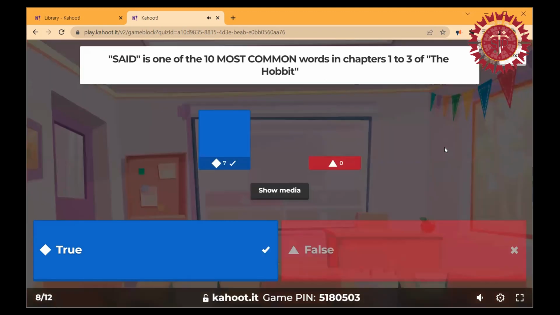Okay, excellent. Well, it is a very common word in general, especially when we're narrating something, somebody said something, but it is a word that is challenging to read. I'm guessing also for English speakers.